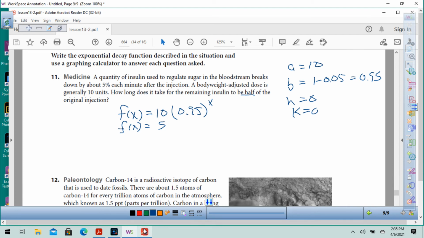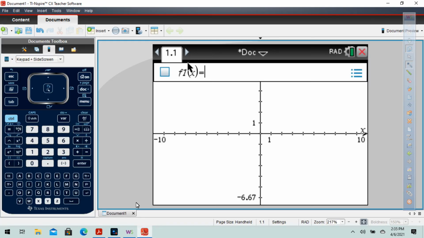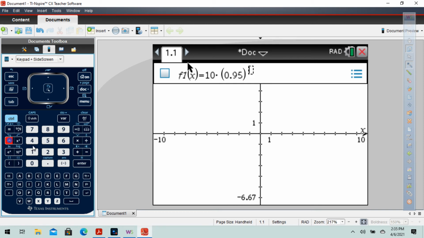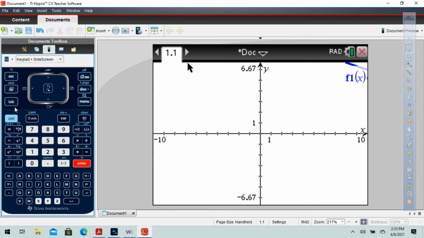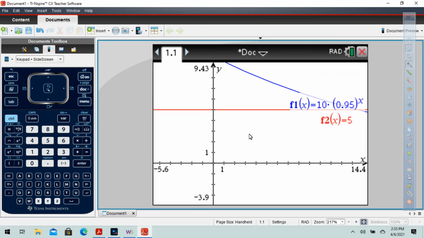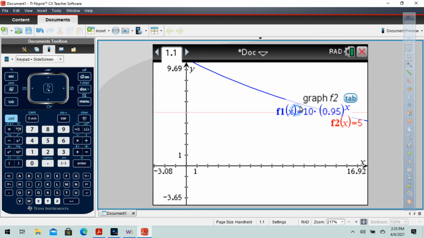So if we go to our calculator, we have 10 times, open parentheses, 0.95, close parentheses, caret X. That gives us our first one, tab. We'll put 5 in there. That gives us our second one. Now we need to find out where these two lines cross.